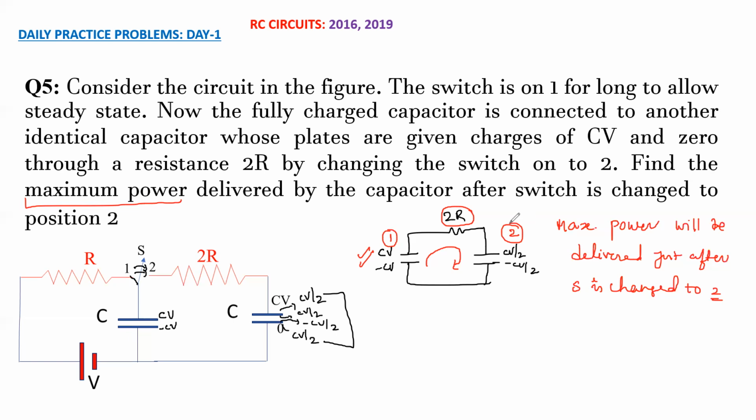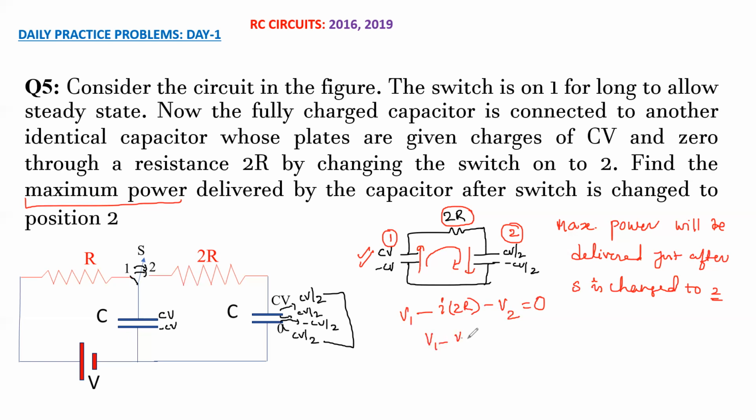So it is evident that the charge on the first capacitor is going to decrease with time after you change the switch to 2. And when you write Kirchhoff's loop law, the potential gain across the first one, that is V1, minus I into 2R, minus the potential drop across the second one, that is V2, equals 0.